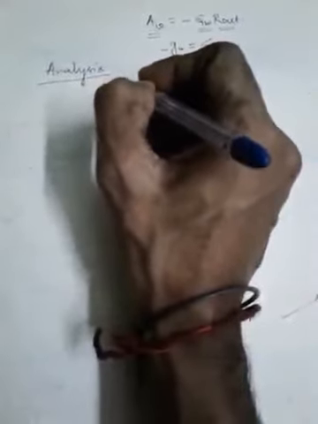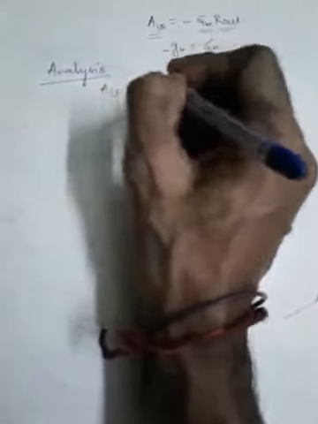What we have derived in the last lecture, we have seen that AV is almost equal to 1 for the common drain amplifier, or rather most of the time we can say that AV is less than unity.